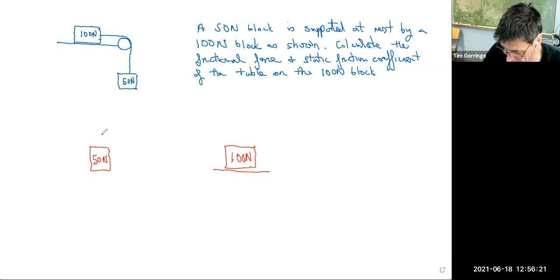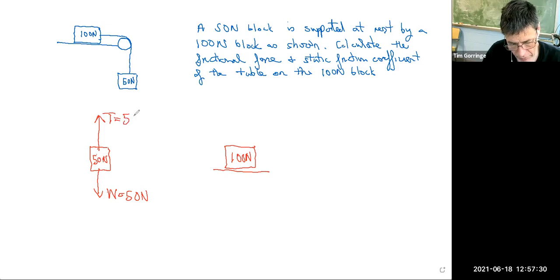Okay, so for the 50 Newton block, there's a gravitational force downwards. That's its weight, and that is the 50 newtons. So that's one force acting on the block. And then it's supported by a string, cable. So there's a tension force also on the block.